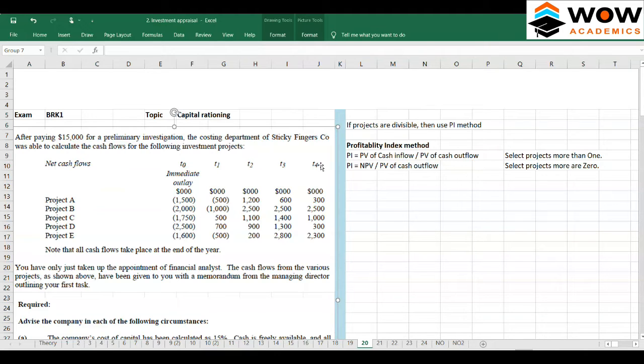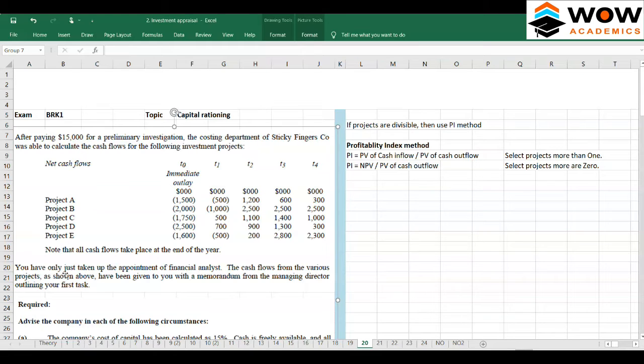A and B seem to have a cash outflow even in year one, and project D has that too. That's not a problem as long as the NPV is positive. These are good projects. To find an answer appropriate for our formulas, we first have to work out the NPV, because NPV is not given.